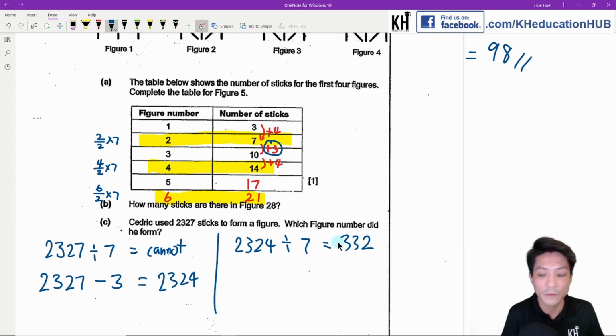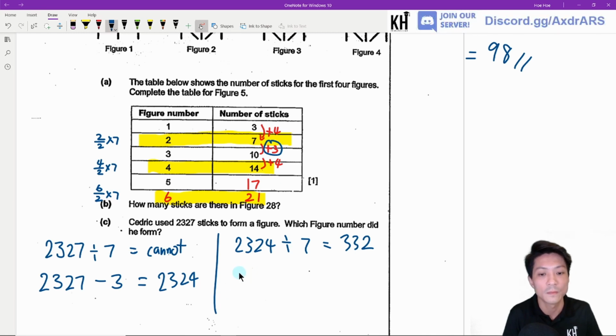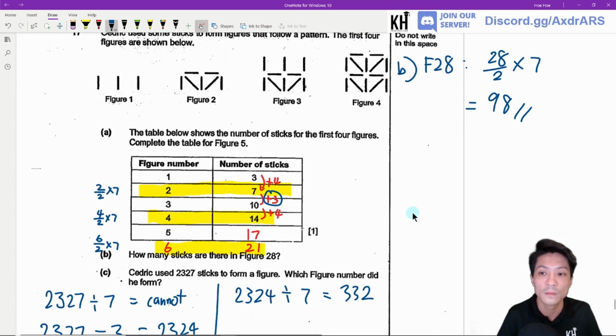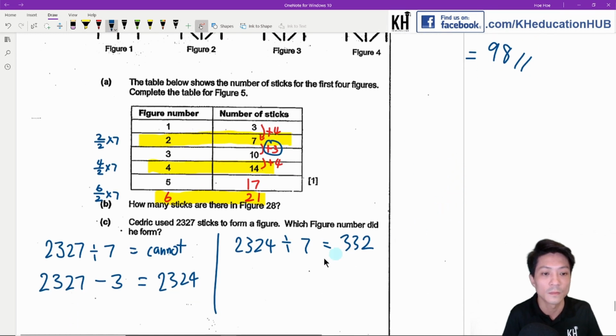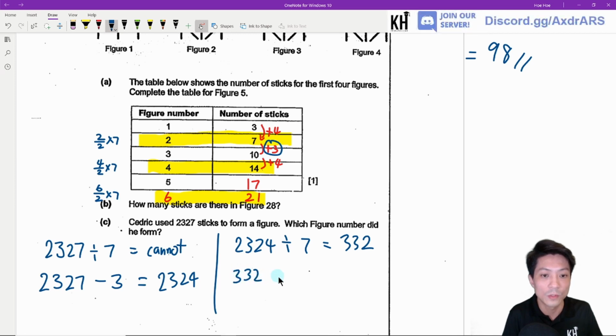Okay, when I divide by 7, the next step will be to use 332 times 2.